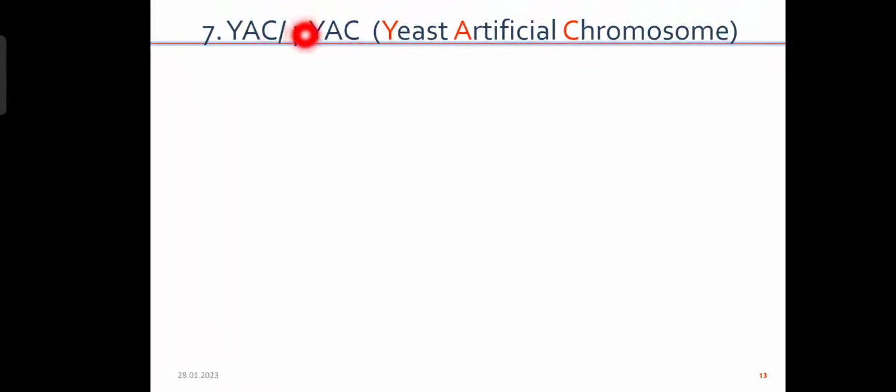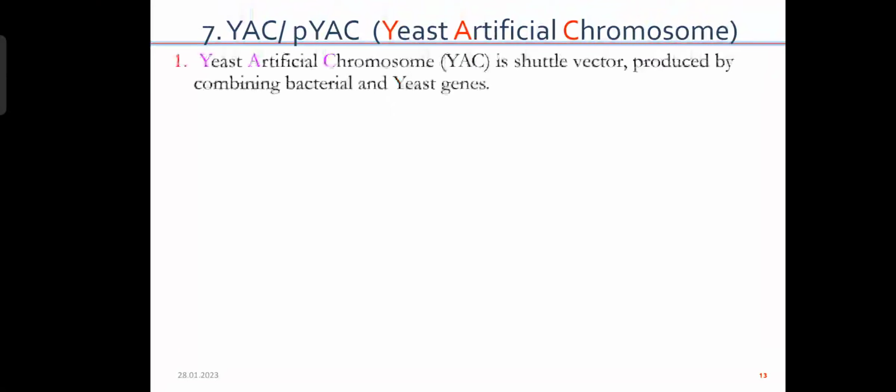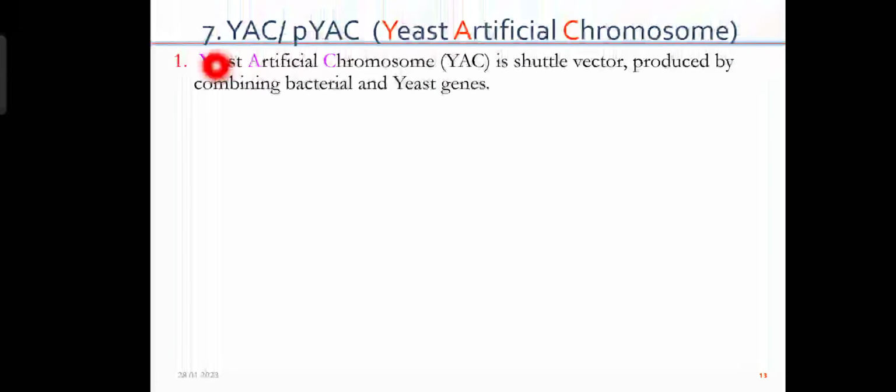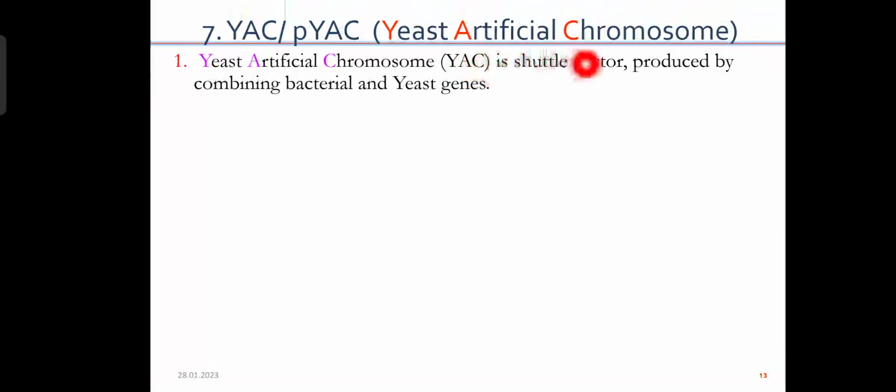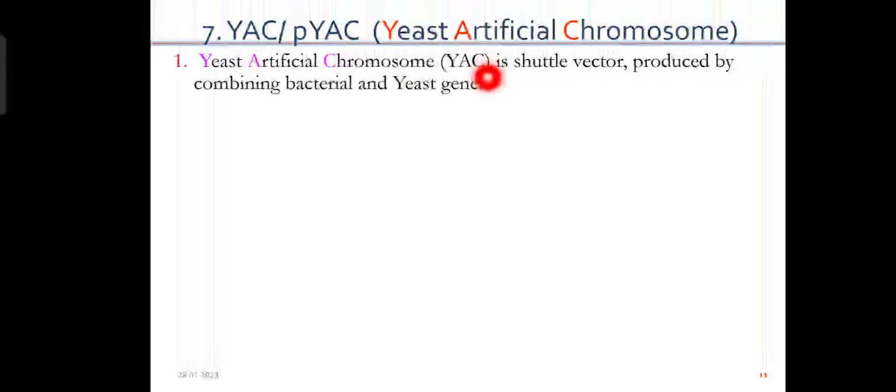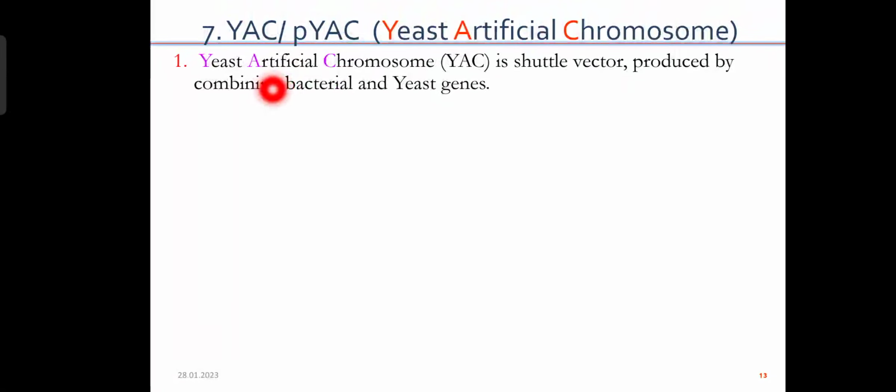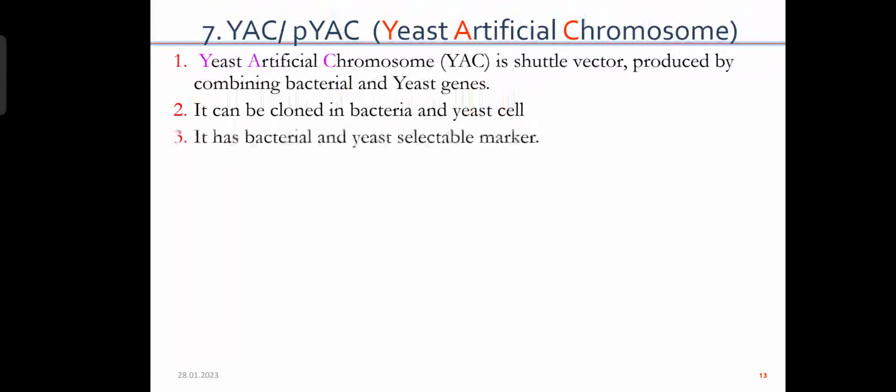It is also called plasmid YAC. So the name itself indicates that it is an artificially constructed vector from yeast cell, isn't it? It is taken from the yeast cell. Yeast artificial chromosome, YAC, is a shuttle vector produced by combining bacterial and yeast genes. So this is a hybrid vector made by combination. It has genes from bacteria as well as genes from yeast. It can be cloned in bacteria as well as in yeast cell. So its cloning can happen in bacteria and also in yeast cell.